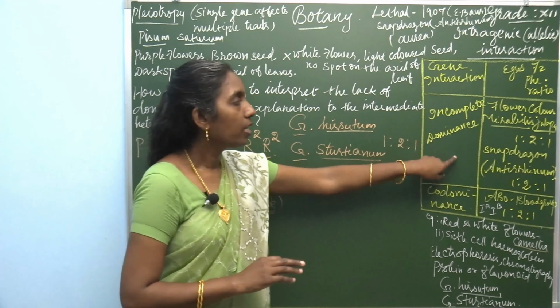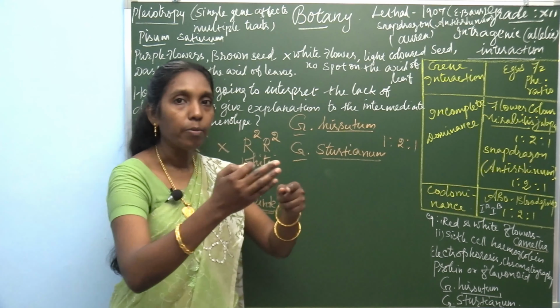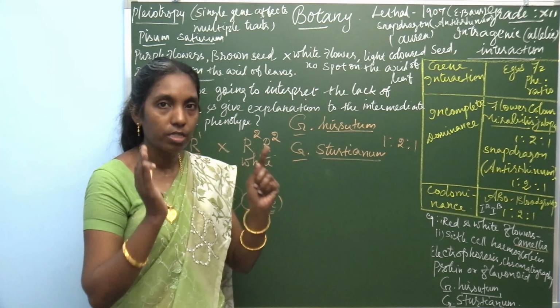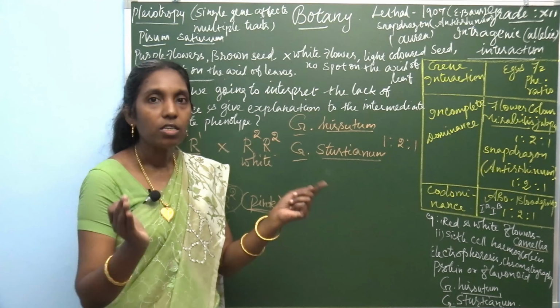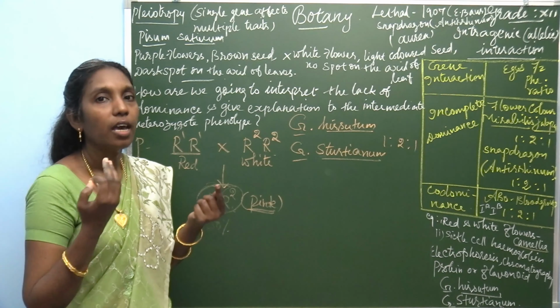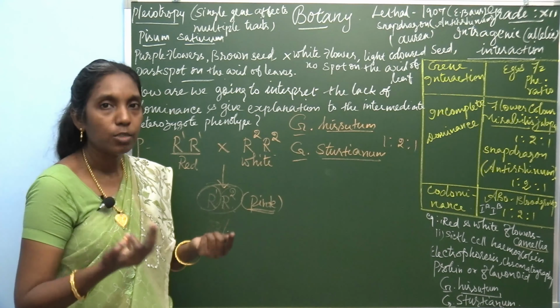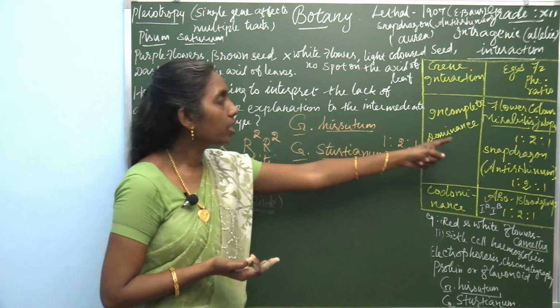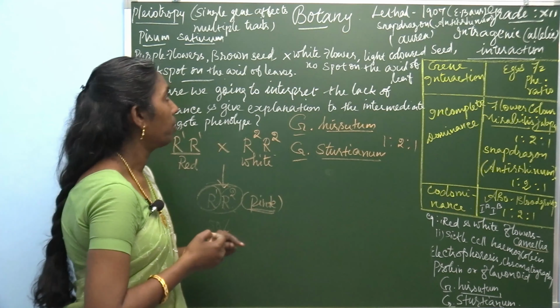In incomplete dominance, in the F1 generation, half of the dominant expression appears, but in codominance, both the genes of the parents are expressed simultaneously in the heterozygote. So half will express in incomplete dominance, while here both are expressed simultaneously. That's the difference between incomplete dominance and codominance.